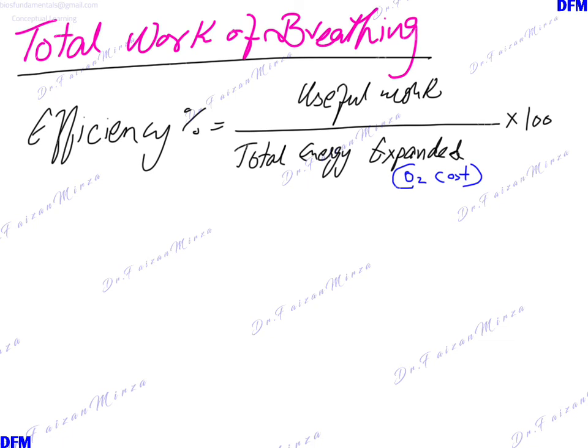When we are discussing total work of breathing, the efficiency of the lungs can be calculated with a formula: efficiency percent is equal to useful work divided by total energy expended, which is the oxygen cost, multiplied by 100%.